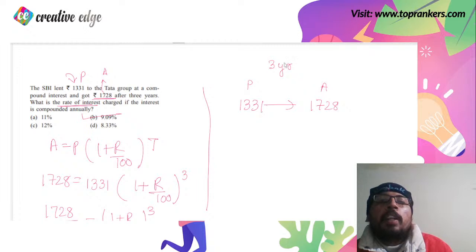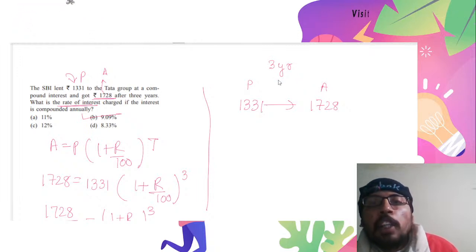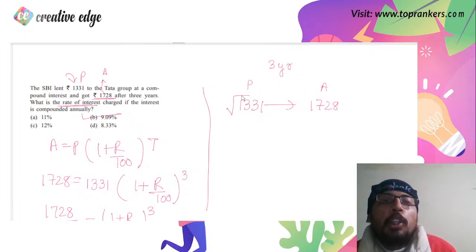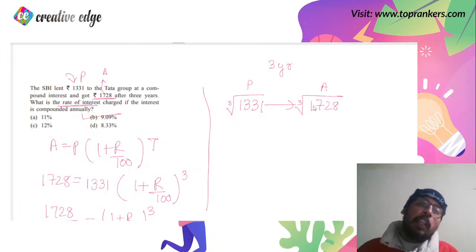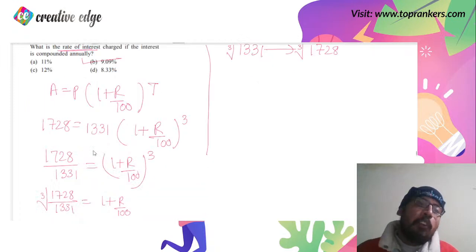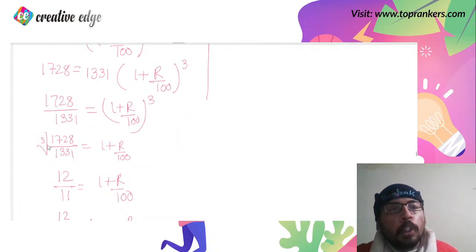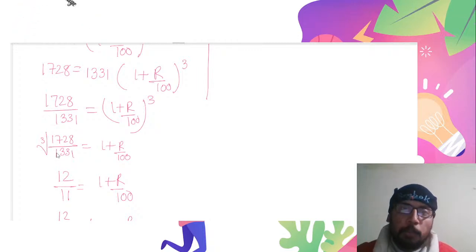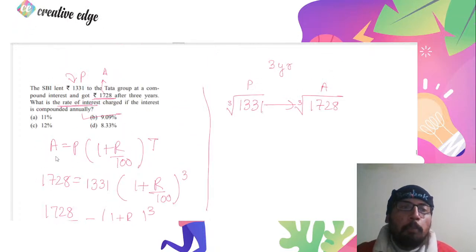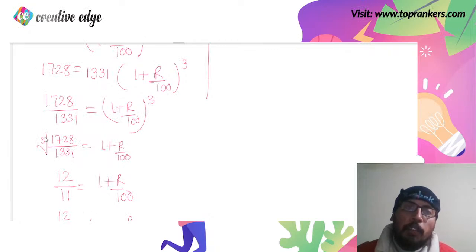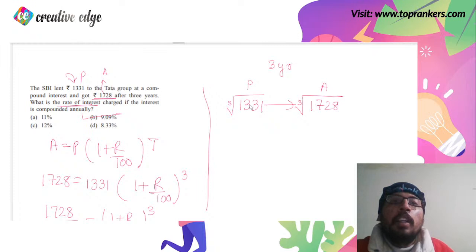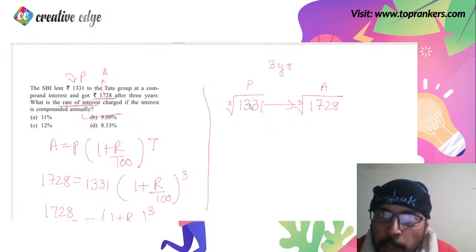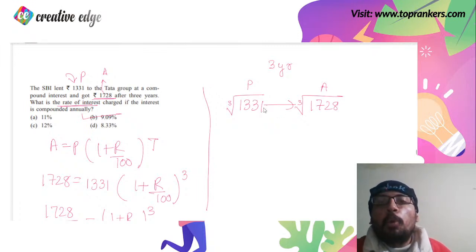Now whatever time is given, for example, if I am given 3 years here, I will be taking cube roots on both sides. Because in the traditional approach, you also saw that we had to take the cube roots, because this power 3 became cube root on the left hand side. So in the first step of the shortcut method, I would be taking cube root on both sides.